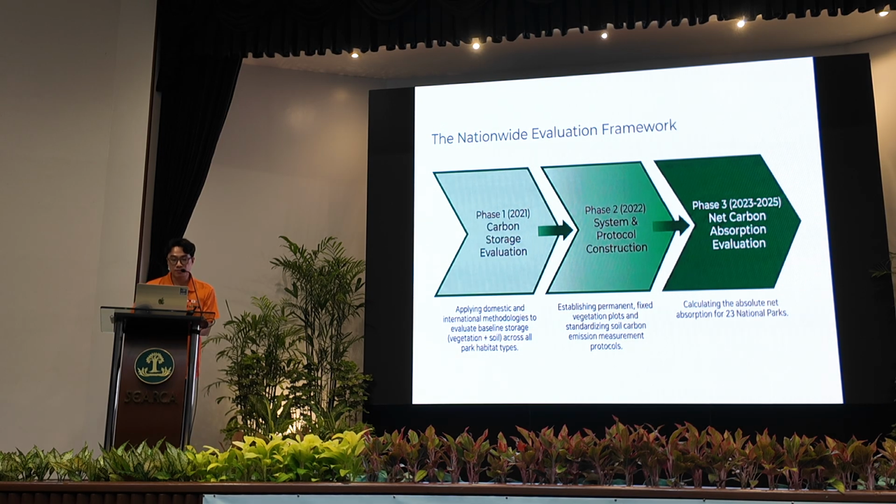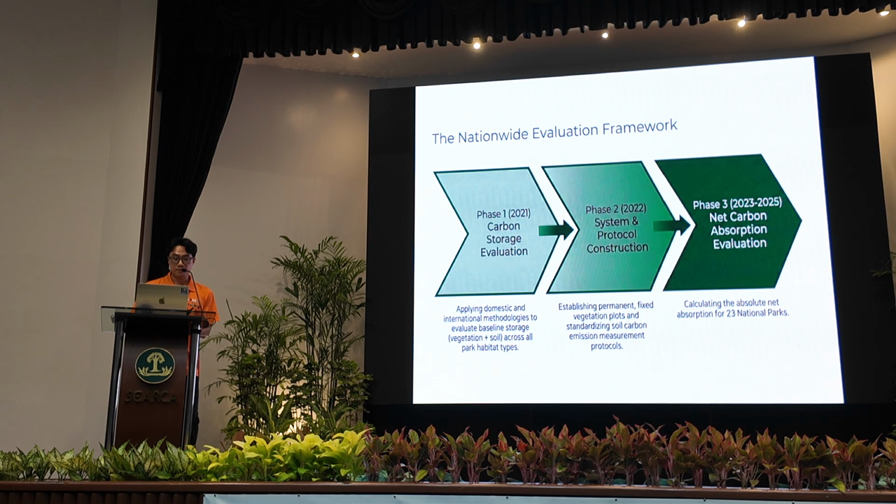The evaluation framework consists of 3 phases. Phase 1 occurred in 2021. We applied methodology to evaluate baseline carbon storage across park habitat types. And phase 2 was in 2022.